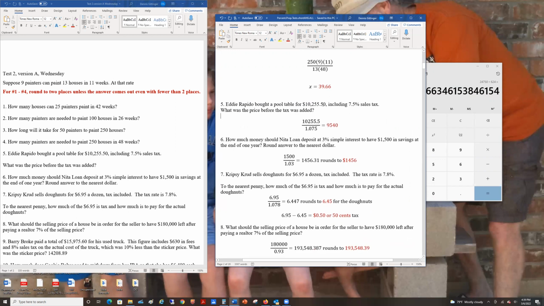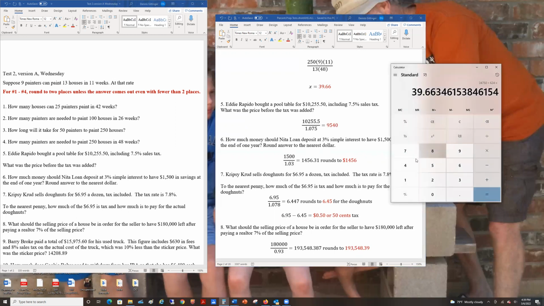When the tax is included, well, number 6, the 1,500 includes the interest. So some unknown number increased by 3% of that unknown number is 1,500. Well, guess what? That's 103% of the unknown number, which is 1.03. That's why we have to take 1,500 and divide it by 1.03.